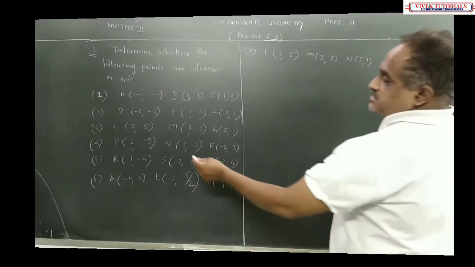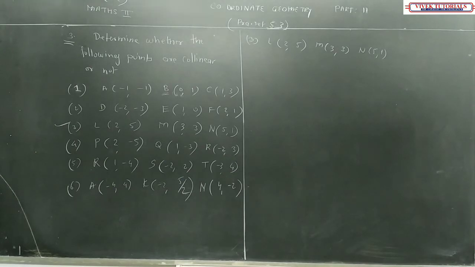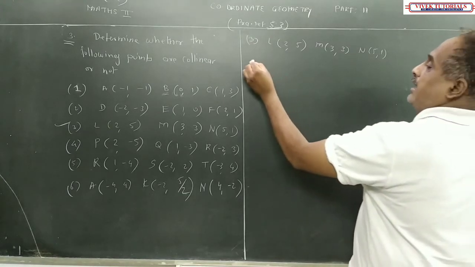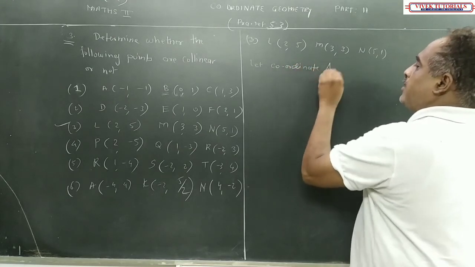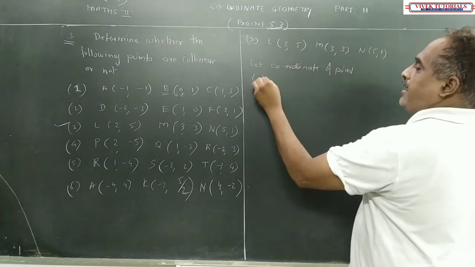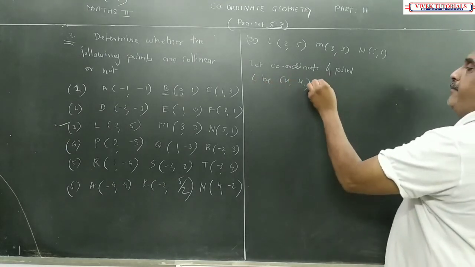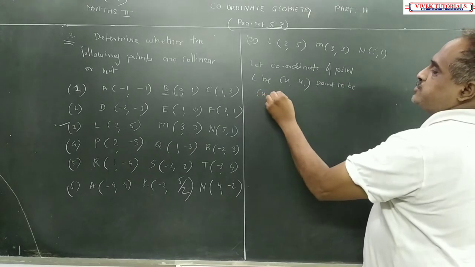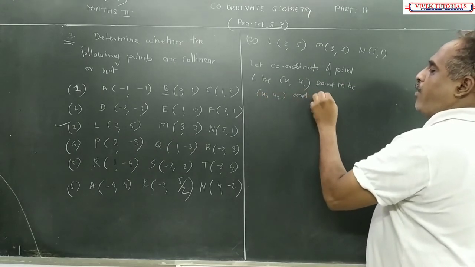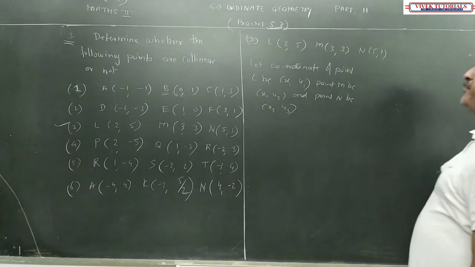Copy down this. Next one is the third question. L is (2,5), M is (3,3) and N has coordinates (5,1). So let the coordinates of point L be x1, y1, point M be x2, y2 and point N be x3, y3.